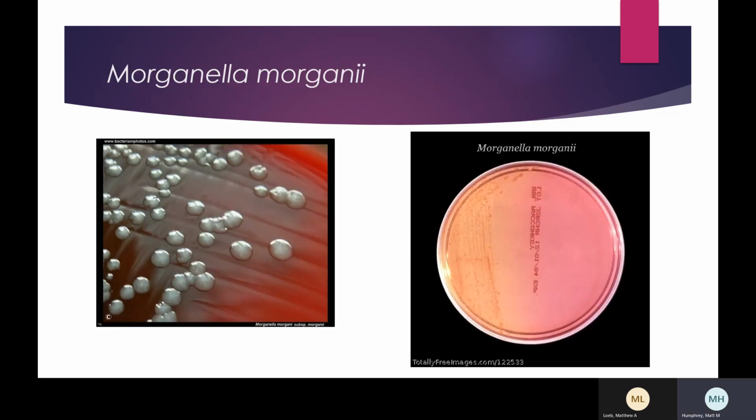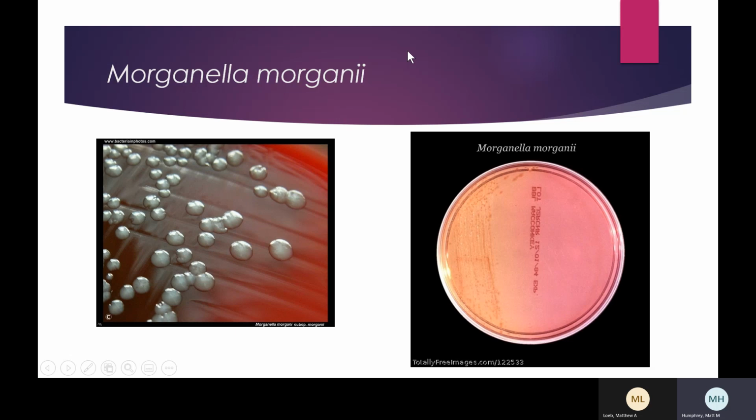Morganella morganii, also kind of like a Providencia. They both look very similar on the plate. They're like a non-swarming Proteus. And something that's unique to Morganella is that it kind of turns this agar a darker, deeper red or almost a black color underneath it. I wouldn't necessarily call it hemolysis, but it's just this weird phenomenon that happens underneath it.